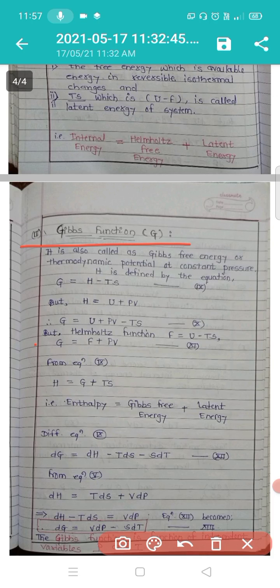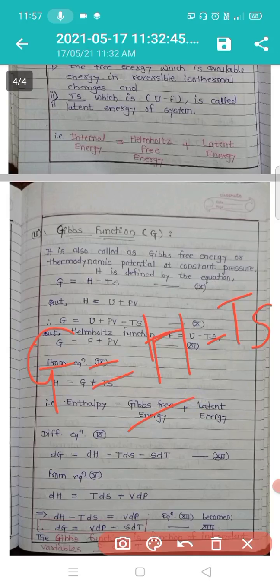It is defined by the equation G = H - TS, where H is the enthalpy, T is the temperature, S is the entropy. But we know that H = U + PV.